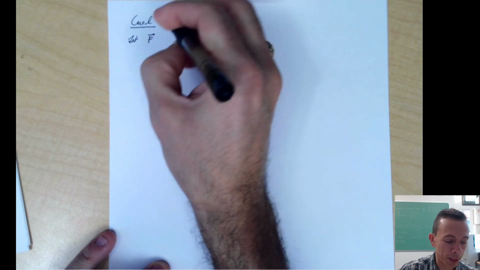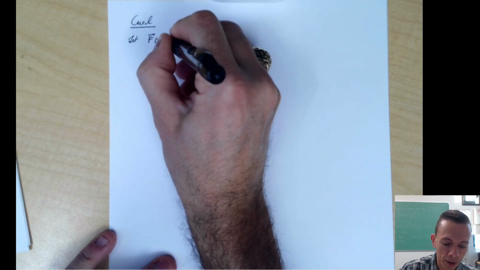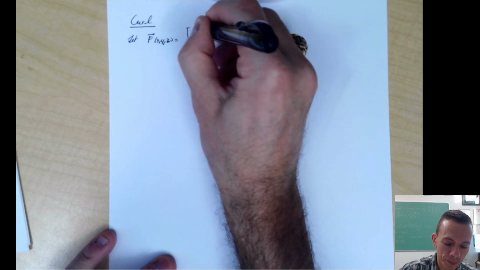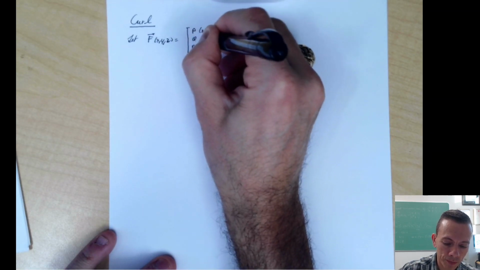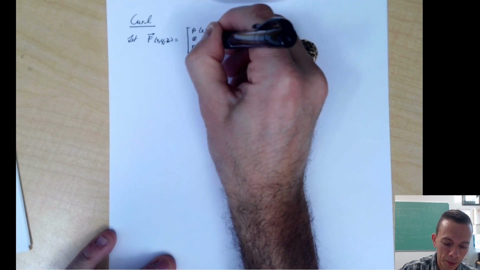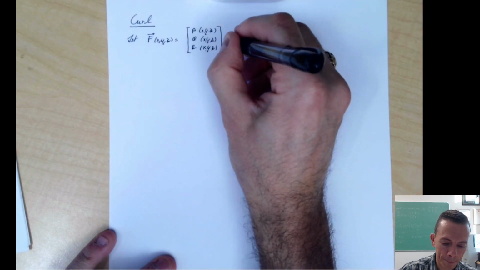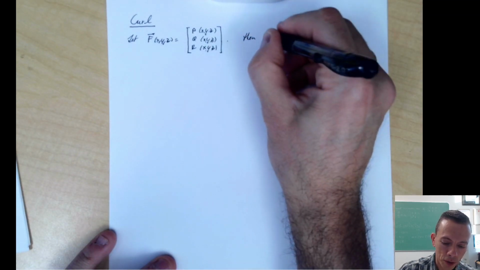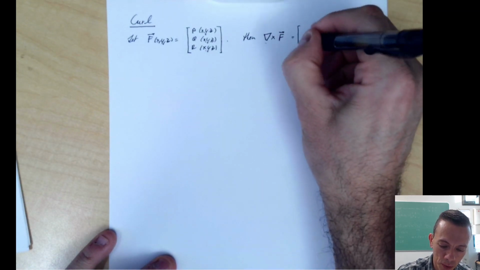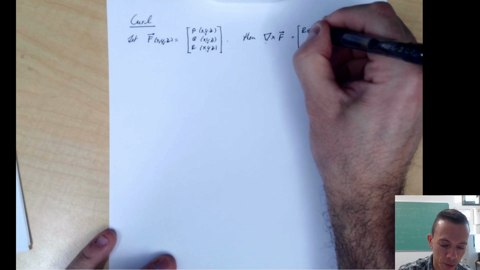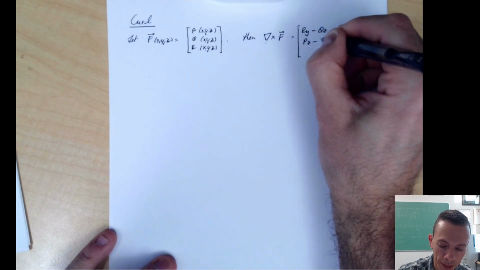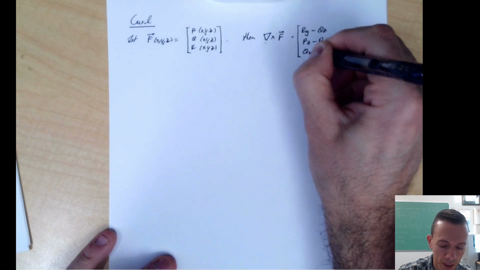So the curl applies to a vector field, and it's a three-dimensional vector field P, Q, R of x, y, z. Then the curl is the cross product, nabla cross f, which we saw a minute ago, a vector whose components are the partial derivatives Ry minus Qz, Pz minus Rx, and Qx minus Py.